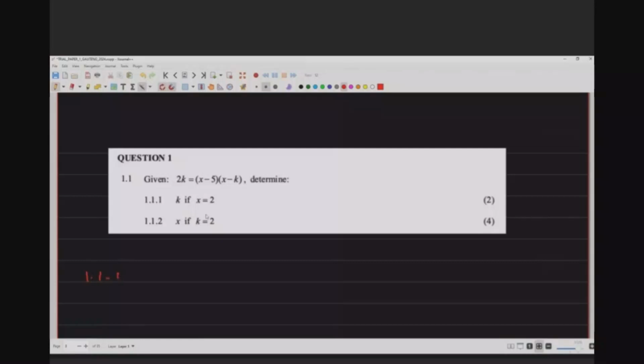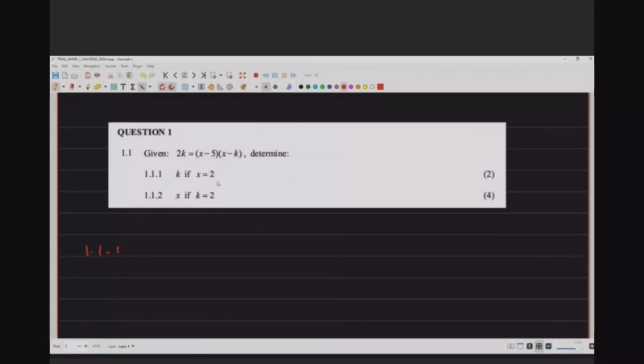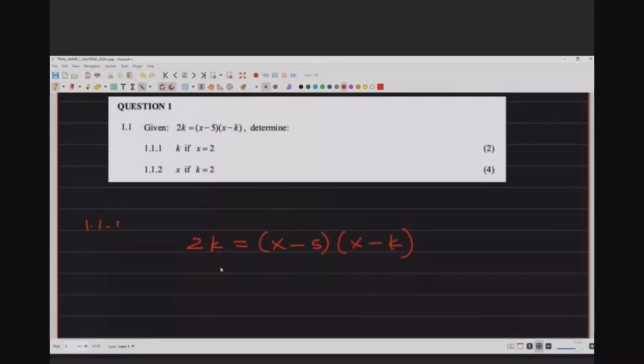So for 1.1.1, we're given that x is equal to 2 and we want to solve for k. That's 2k is equal to x minus 5, x minus k. In the place of x, we'll sub in 2 minus 5, 2 minus k.